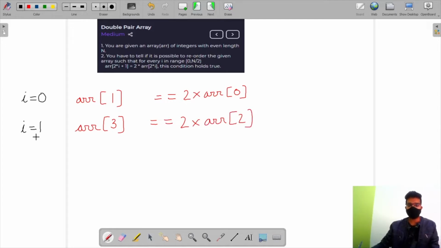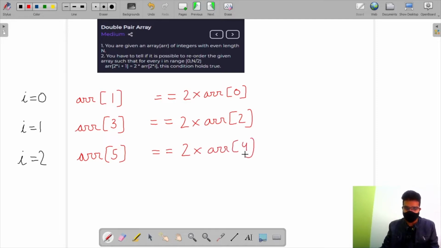Perfect. Let's see for i equal to 2 now. Again, the condition is array of 2 into i plus 1. This time our i is 2, so 2 into i is 4, plus 1, array of 5, should be equal to 2 into array of 2 into i, that means array of 4.